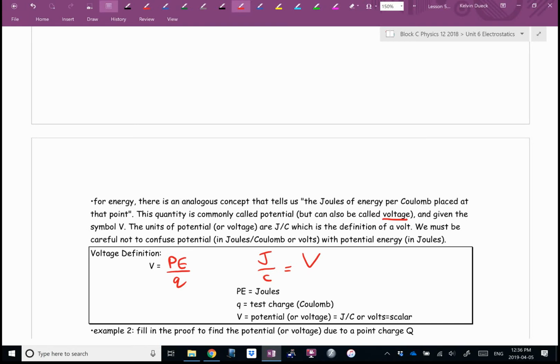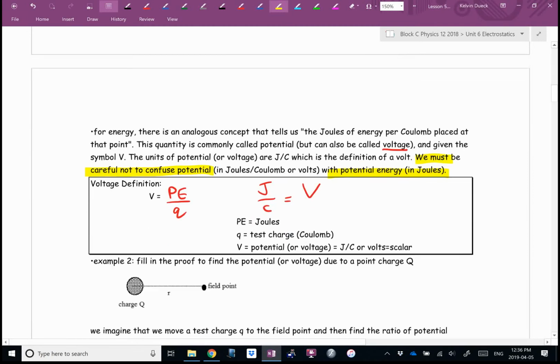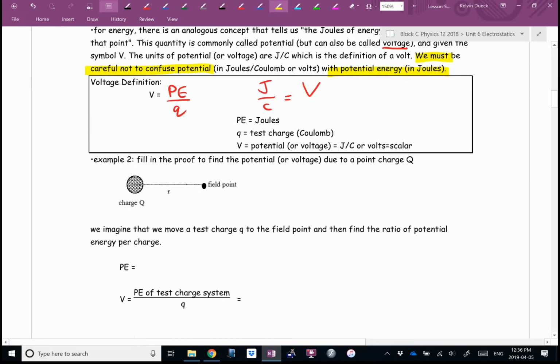We must be careful not to confuse potential with potential energy. Oh, it gets worse. Sorry, but it does. Example 2 says, fill in the proof to find the potential or voltage due to a point charge, big Q. So in the same way that we have an electric field there from this planetary charge, there is also a voltage there from this planetary charge.